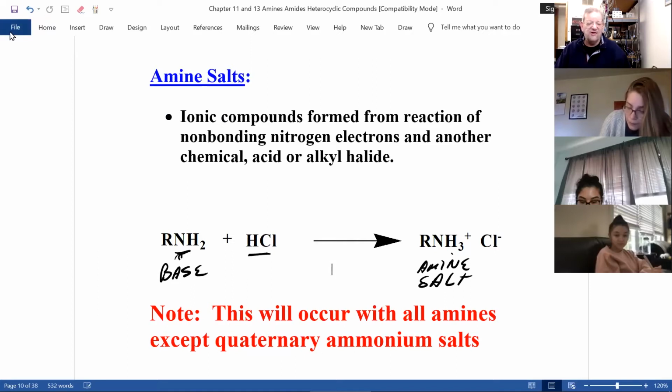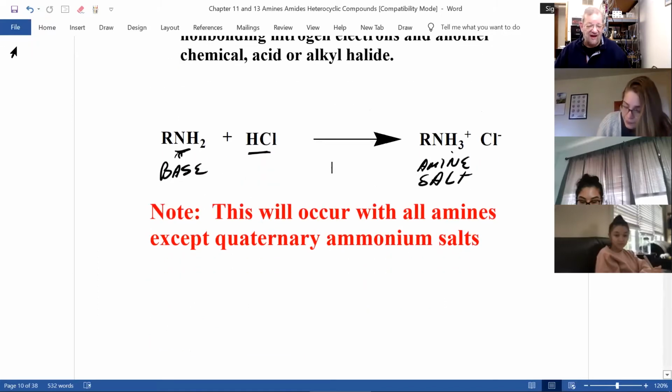And this will happen with all amines, not quaternary ammonium salts. The non-bonding electrons right here are gone, and that's what makes it a base. So it's just with amines, not quaternary ammonium salts. They're not basic.